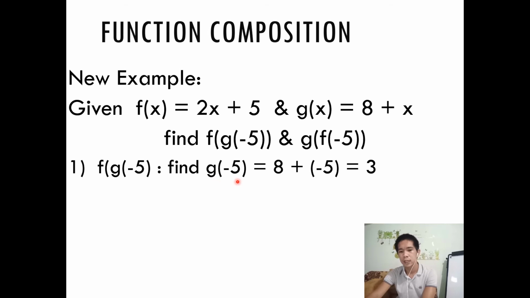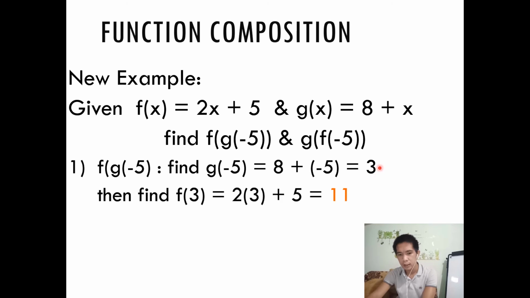So again, si negative 5, substitute natin sa variable ni g. Kaya magkakaroon tayo ng 8 plus negative 5 gives you 3. Etong si 3, siya yung ipang-substitute natin ngayon dun sa variable ni f. Kaya magkakaroon tayo ng 2 times 3 plus 5 gives you 11.